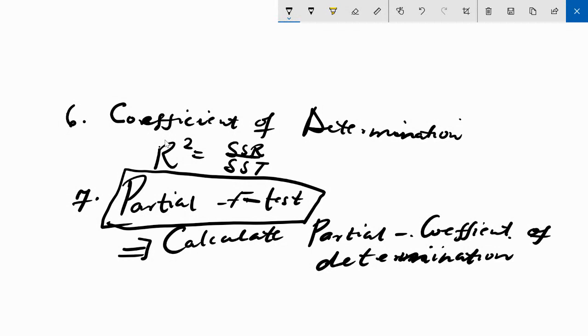Again, from simple linear regression, you know how to calculate and interpret the coefficient of determination, R squared, which talks about the variation in y that can be explained by the independent variable.